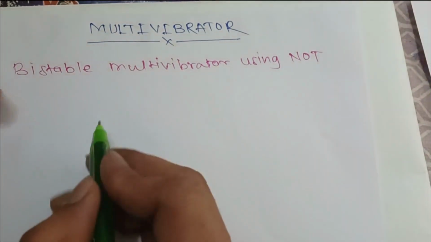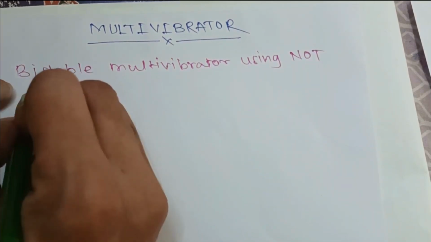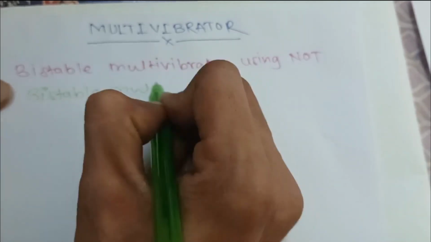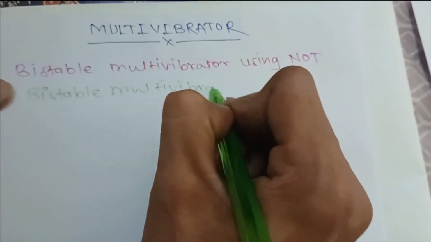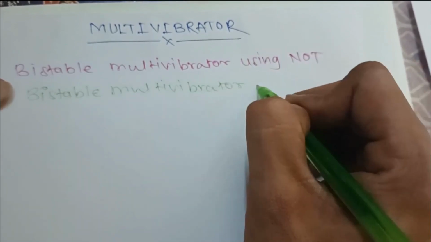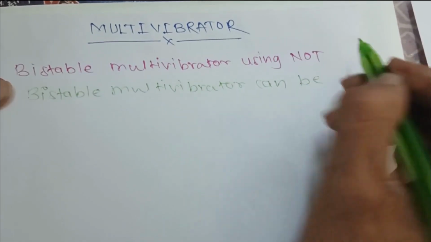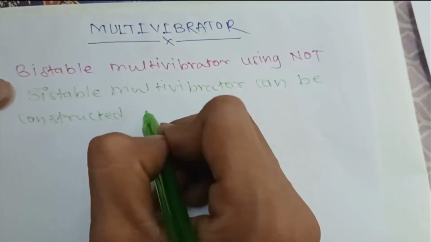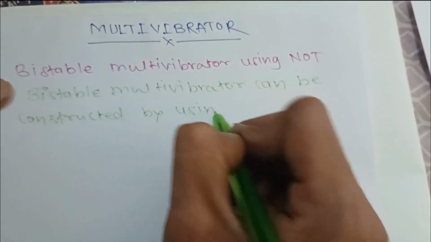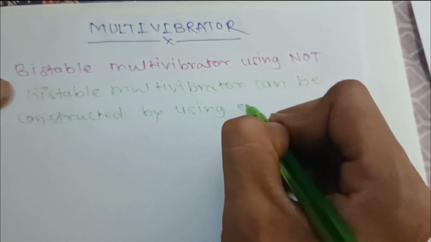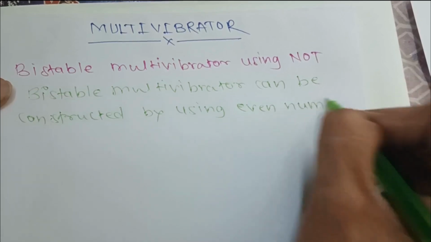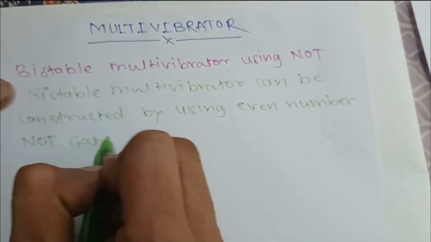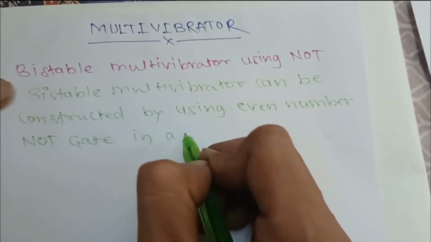Okay. So a bistable multivibrator can be constructed by using an even number of NOT gates in a loop.